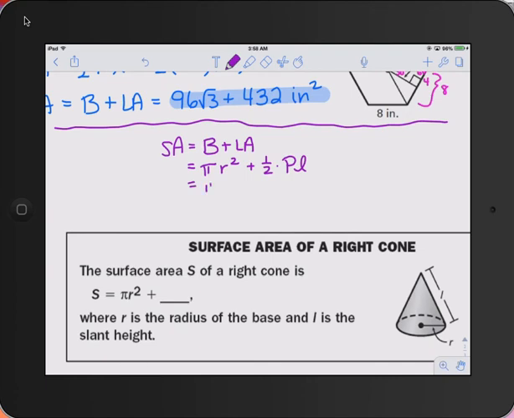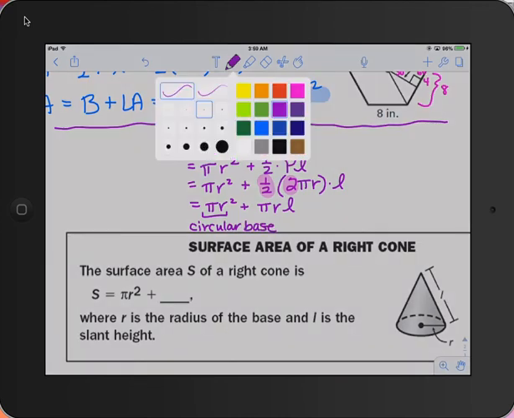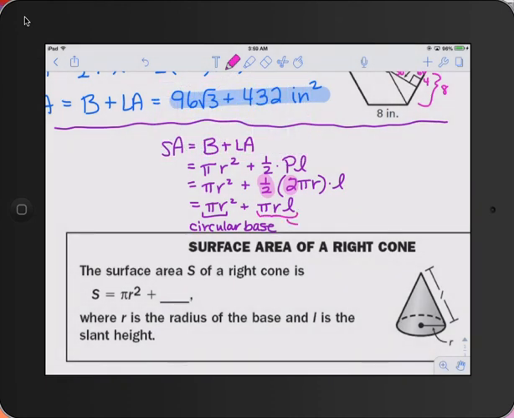Okay, so pi r squared plus, now the perimeter is a circle, so circumference is 2 pi r times the slant height. But now notice that this 1/2 and the 2 will cancel each other. So it's really pi r squared plus pi r l. So the pi r squared is the circle. This is the circular base. And then this part here is your lateral surface area.